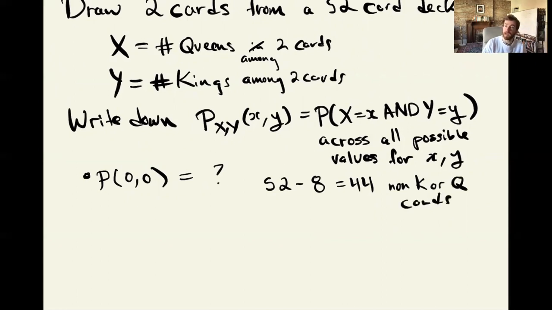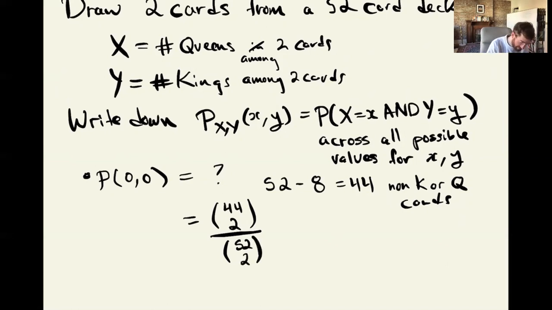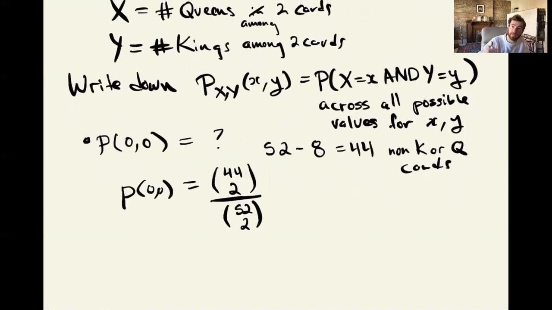And the probability that you draw 2 of these non-king or queen cards is pretty simply, well, you have 44 cards of that type, you choose 2 of them, and then you need to divide by all possible 2 pair drawn from a 52 card deck, or I should say single pair, just 2 cards. So that's probability of 0, 0. So if I were to start filling out my table, this would be one of the first entries I could get at.